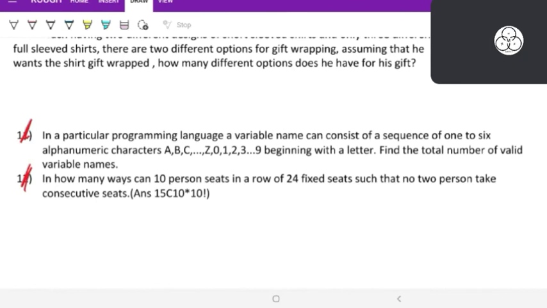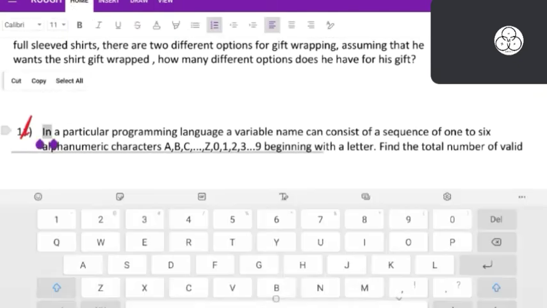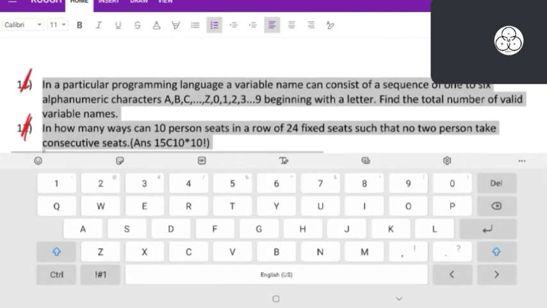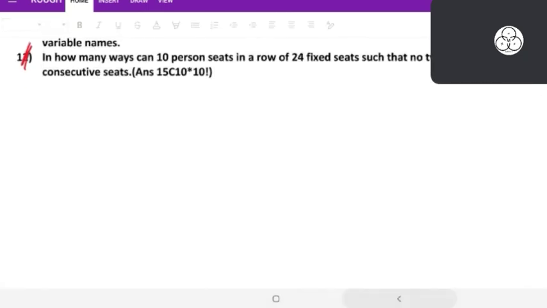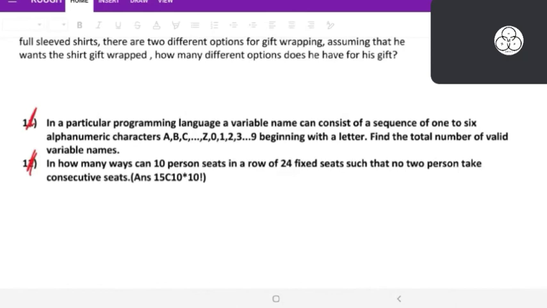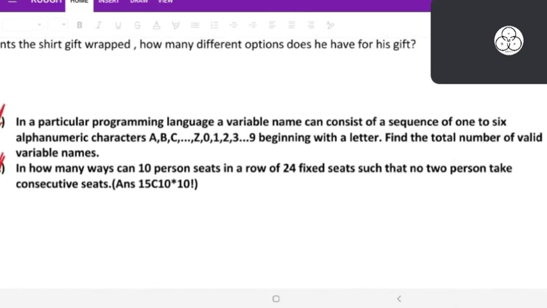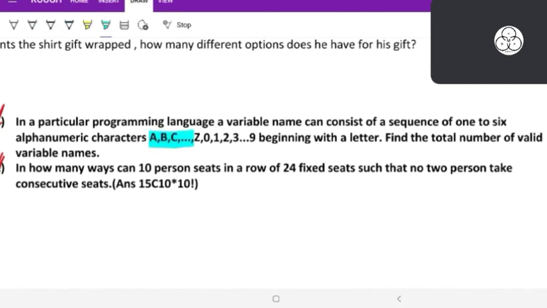Last few questions. In a particular programming language, a variable name can consist of a sequence of 1 to 6 alphanumeric characters A, B, C, ... Z. So how many alphabets are there? 26 alphabets are there.